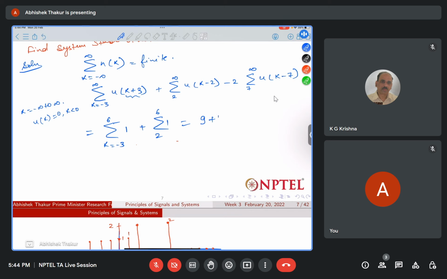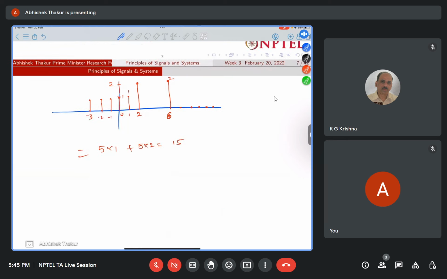So 9 plus 1 plus here 6 minus 2, that is 4. No, it will be 2, 3, 4, 5, 6, so it will be 5. So the total will be 15, because for 2 also 1, 3 also 1, 4 also 1, 5 also 1, 6 also 1. It will be 15. We can directly calculate like this, or we can do the graphical method also.